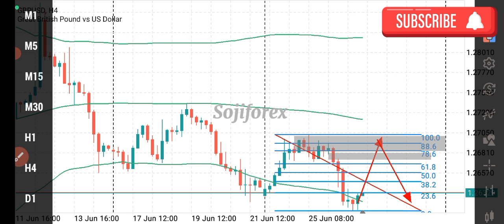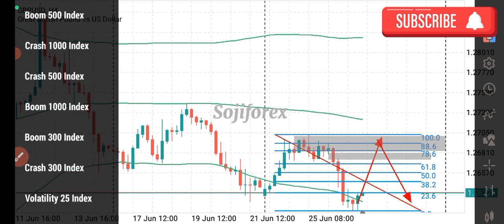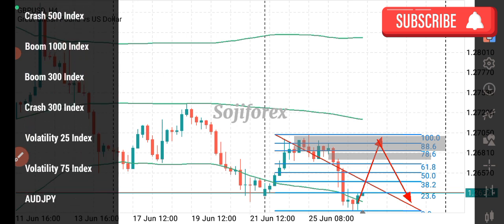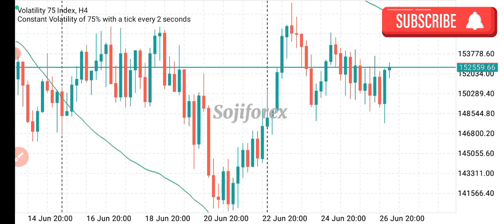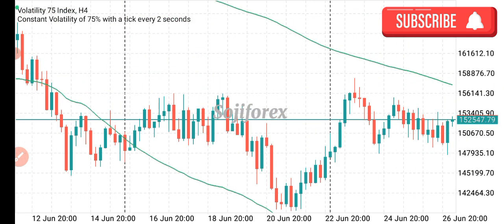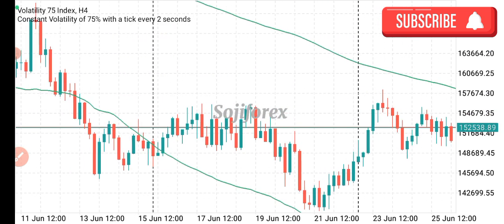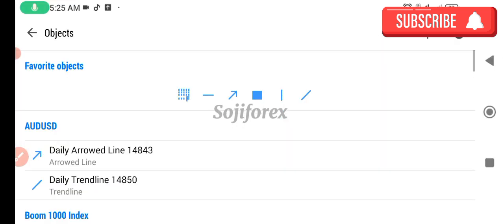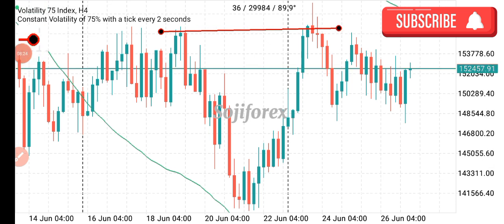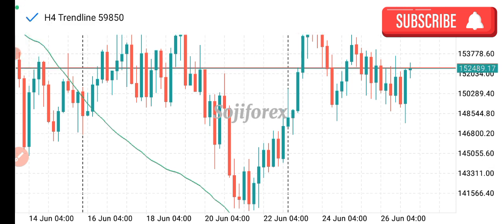So let's look for another asset and see what we are hoping to get for the day. This is Volatility 75, and for Volatility 75 we already have a break of structure. Yeah, the structure has been broken.